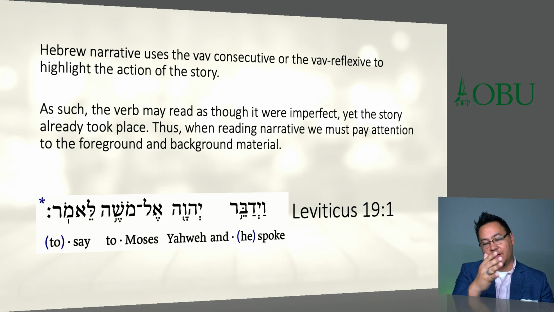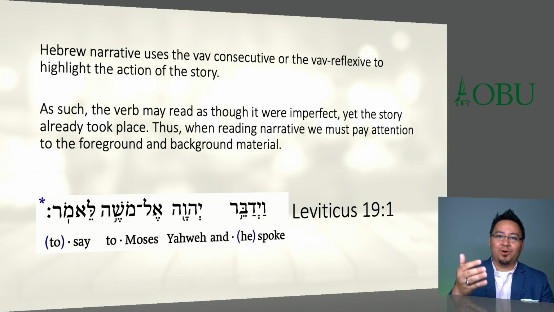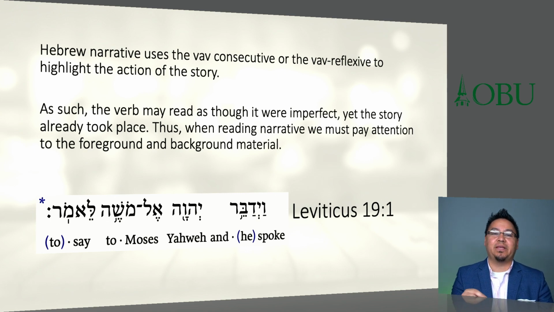The vav is "and." And I want you to recognize, and I'm sure we've already talked about this in the reading sessions, that when you see a vav beginning a sentence, if it's a vav followed by an imperfect, the author of the text wants you to relive the text, right? But if it's a vav followed by a perfect, then it is imperfect. So the vav actually flips the tense of the verb that follows it.